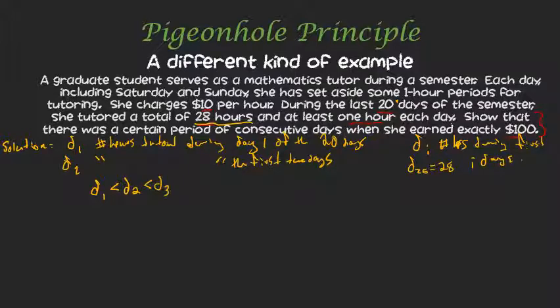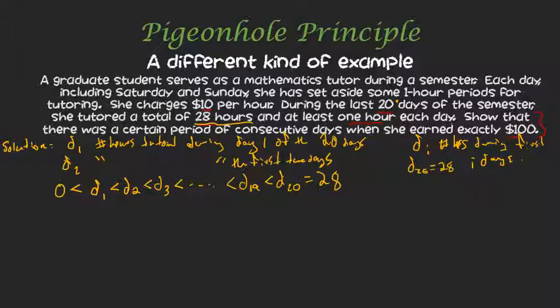And same thing for D3, it has to go up by some amount, and we can continue on. So D sub 18 will be less than D sub 19, and D sub 19 will be less than D sub 20, which we know is 28. And we know she tutored at least 1 hour, so 0 is certainly less than D sub 1 through D sub 20.